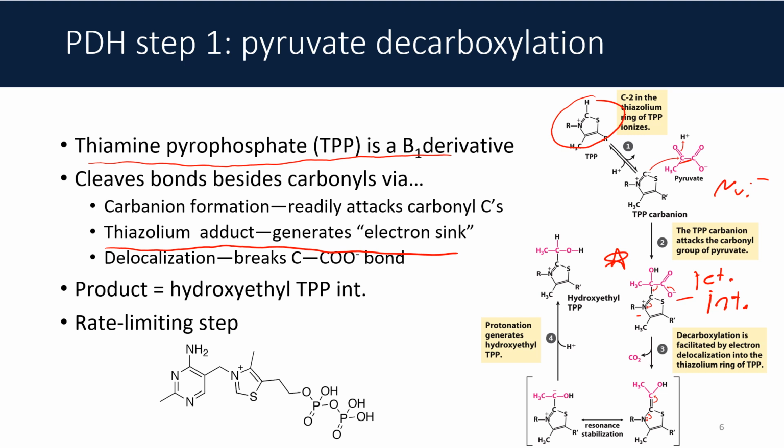The purpose of vitamin B1 here is to impart a positive charge on the other side of the bond we're trying to break. So this O falls down. That will break the bond between this carbon and that carbon, and we will produce an alkene between the C1 of this portion and the carbon of our thiazolium.